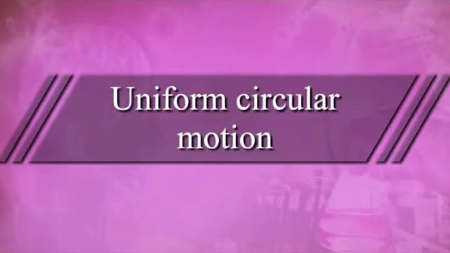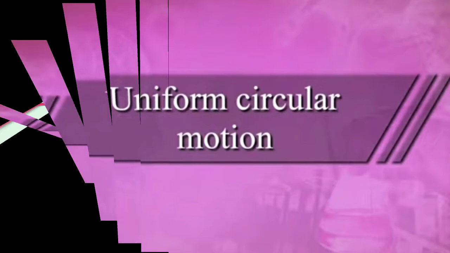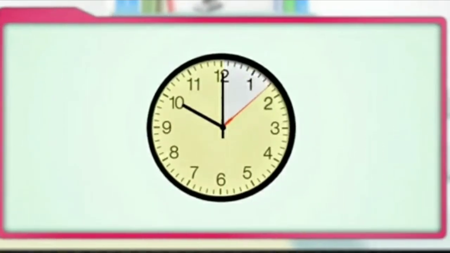Moving to the next topic, let us see uniform circular motion. Now children, observe this figure which you can see here. Observe the tip of the second hand of a clock. Observe the second hand of the clock. What can you say about its velocity and speed?